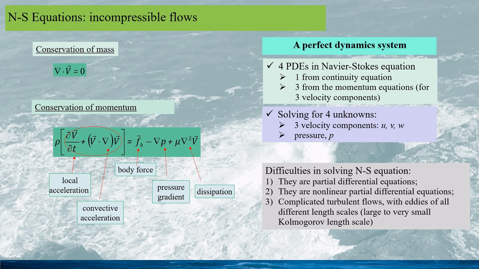The practical flows mostly involve complicated turbulence, with eddies from very large, similar in size to the fluid domain of interest, all the way down to the very small Kolmogorov length scale.